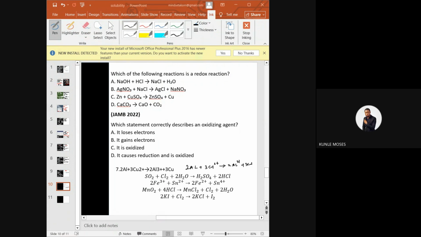Very good. And then chlorine gains 1 electron, which is being reduced, and it is an oxidizing agent. Clap for yourself, my girl.